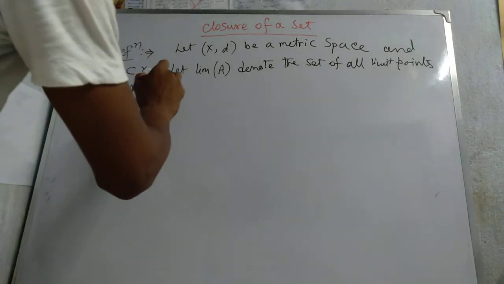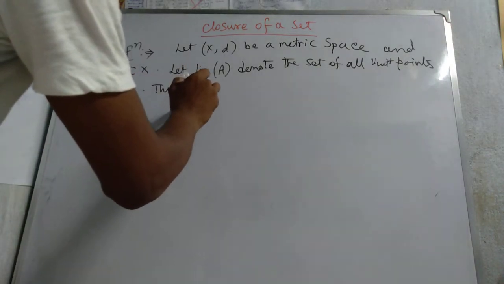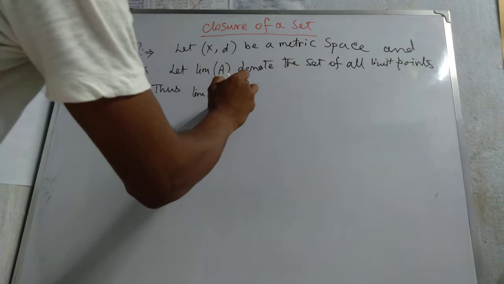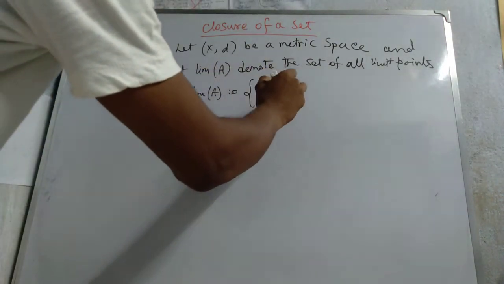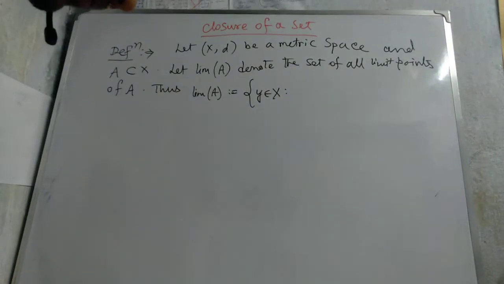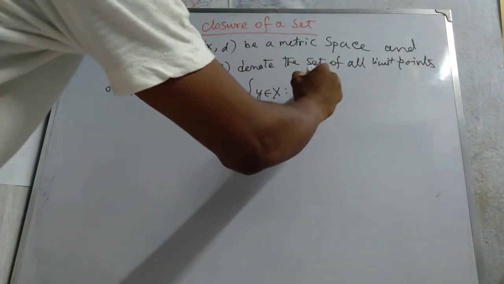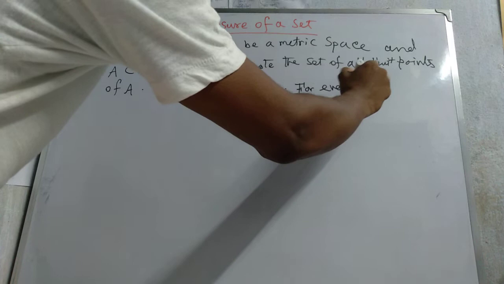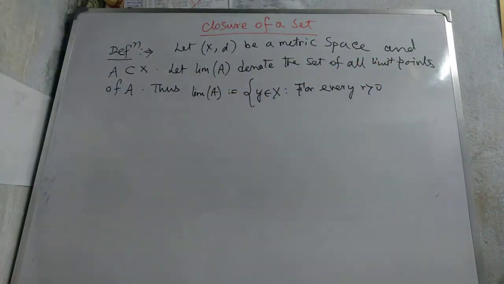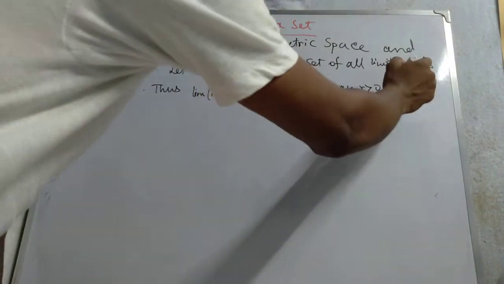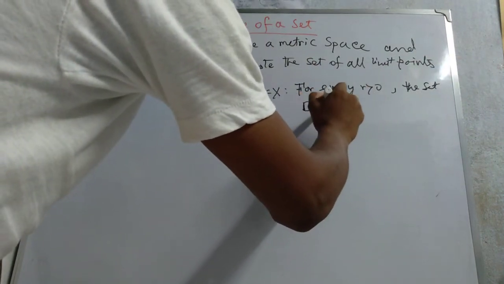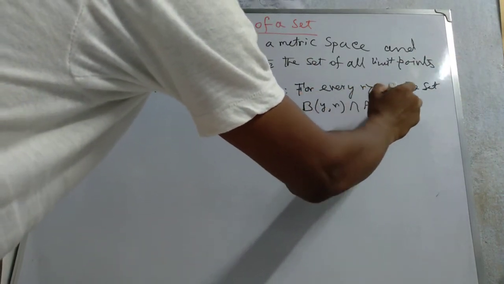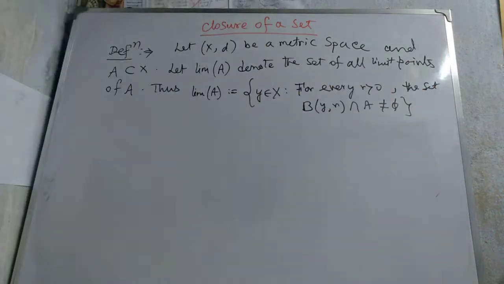Thus A' equals the set of y belonging to X such that for every r greater than 0, the set B(y, r) intersection A is not equal to empty.